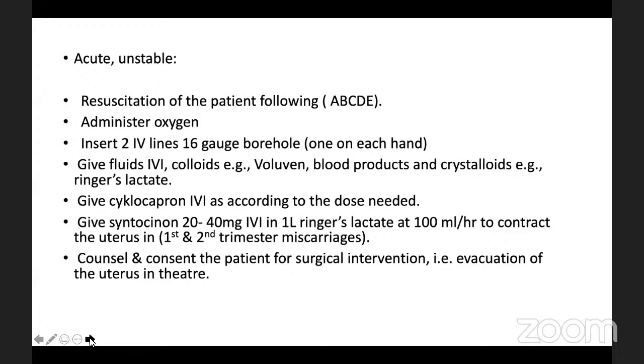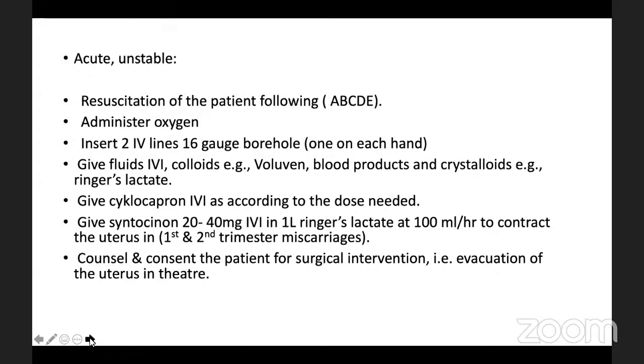So airway, we need to administer oxygen for the patient, then for airway and breathing, and then cardiovascular. We need to insert 2 IV lines, one in each arm, 16 gauge borehole. On the one line, we're going to give colloids. On the other line, we're going to give crystalloids.